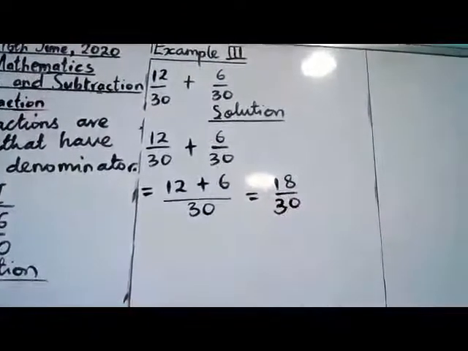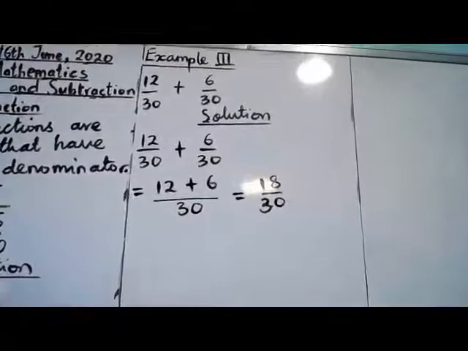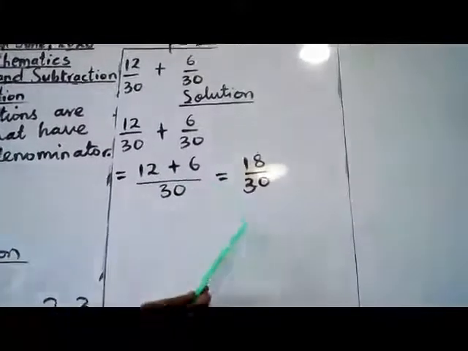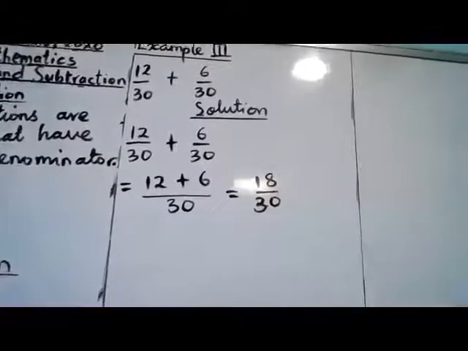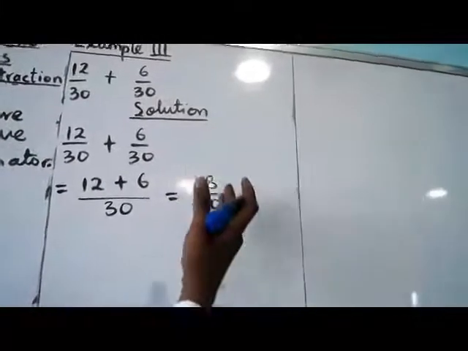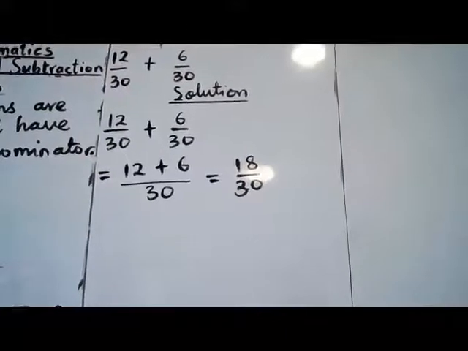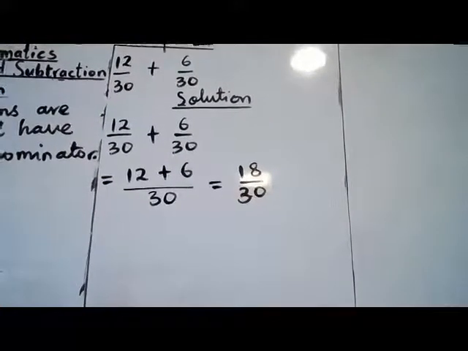Now, 18/30, is this going to be your final answer? Definitely no. In this case, it can be reduced to a smaller fraction. But what is the common value that we can use in reducing it to a smaller fraction? We can use 2.